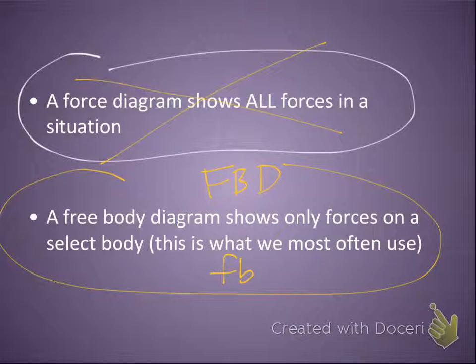It's not an official abbreviation, so there's no official rule about capitalization. Free body diagram. It only shows one object in isolation. It doesn't show all the objects that are exerting forces. It just shows that one object, and the forces on that one object.